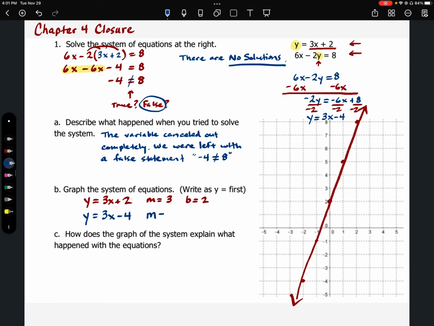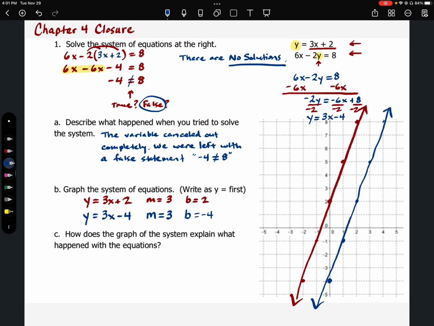And we'll notice here that m is 3 again, but in this case, its y-intercept is negative 4. So we'll plot that on here. There's our negative 4. We'll rise 3 and run 1, rise 3 and run 1, and keep going. And the reason that we ended up not having a solution, right, is because we have parallel lines.